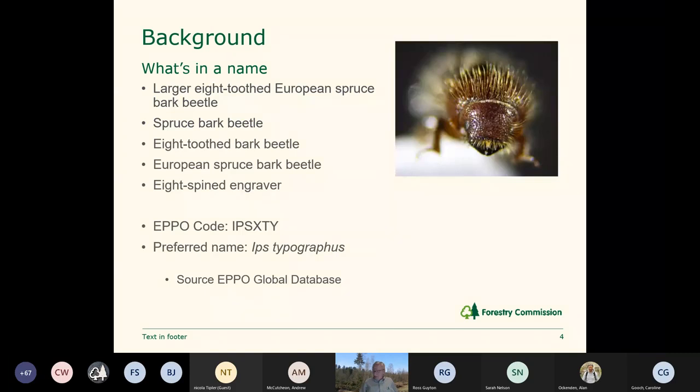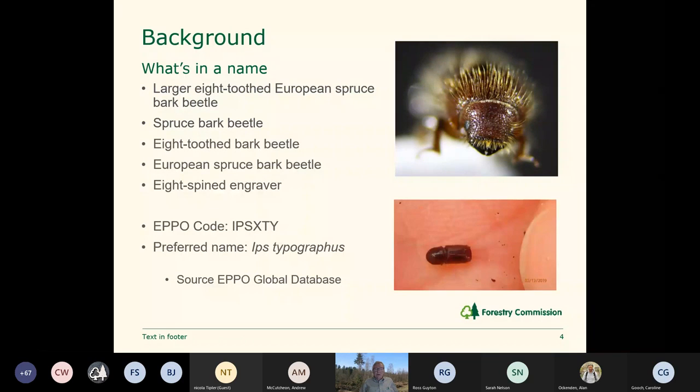There it is, as Alan mentioned, often described as a little brown jobby. It's about up to 6 or 8 centimeters long. There are a number of other bark beetles that look very similar. It gains its name from the 7 points here, which are described as teeth, at the back of the clavicle.